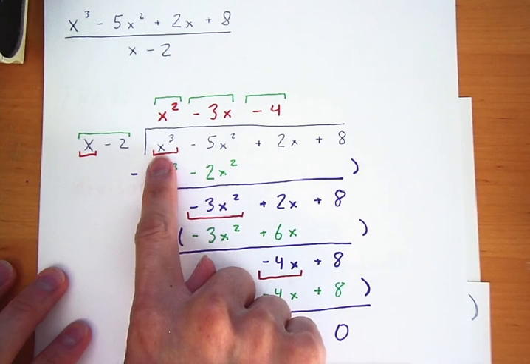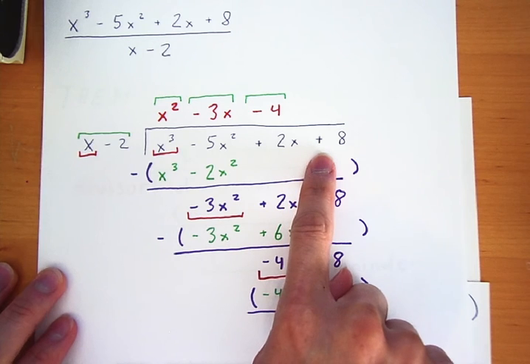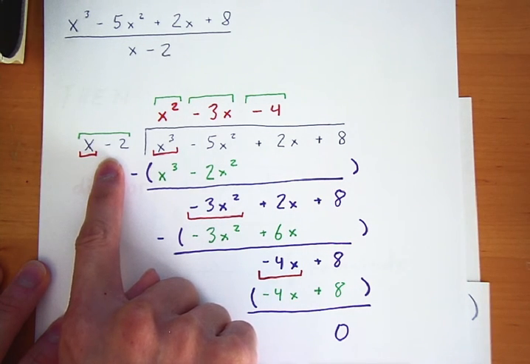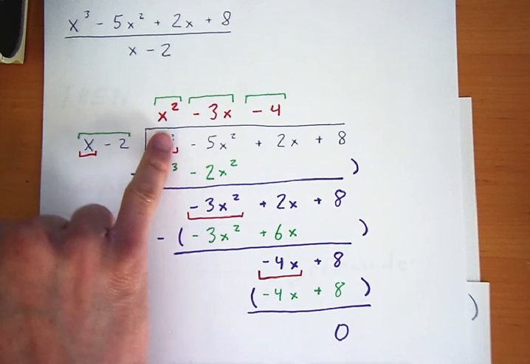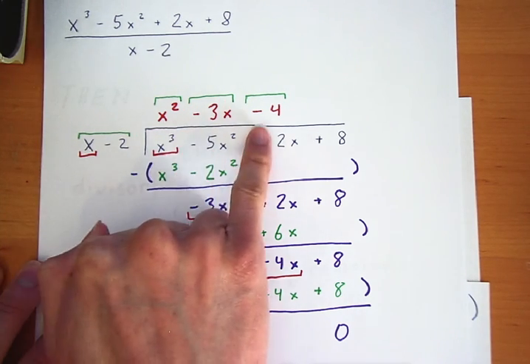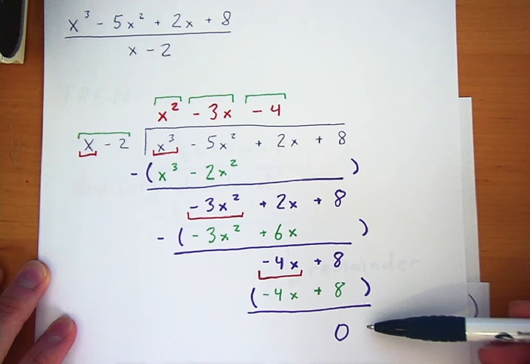After you do all the work, you come up with x squared minus 3x minus 4. And notice all the way down here, your remainder is 0.